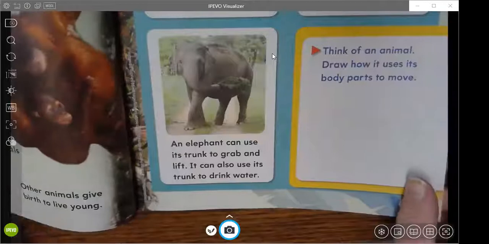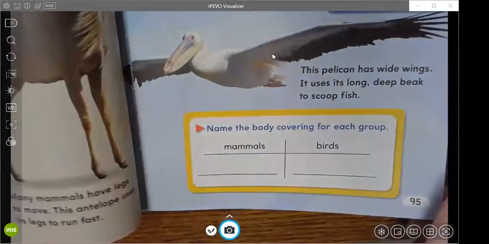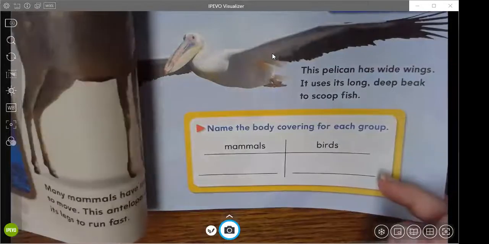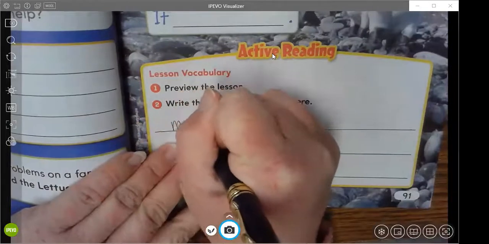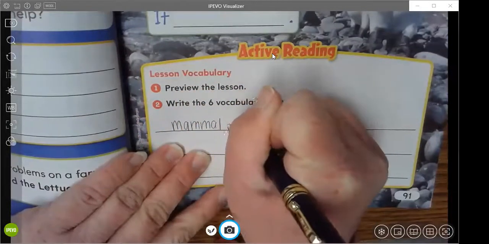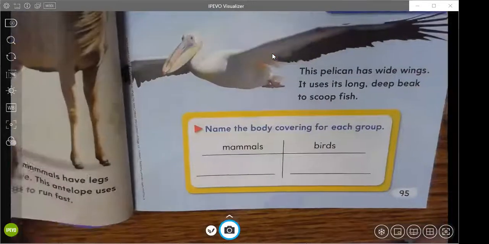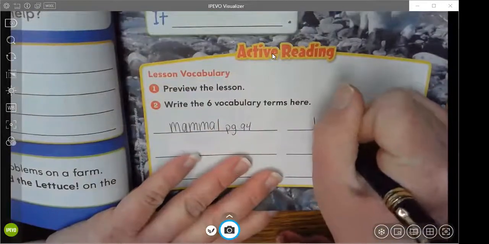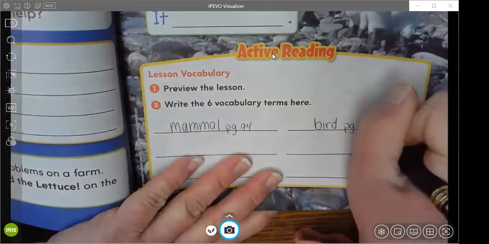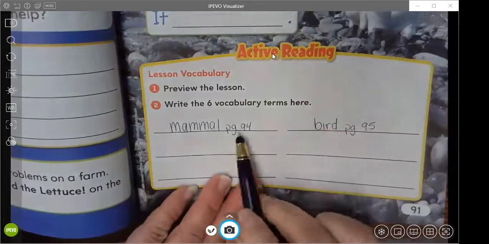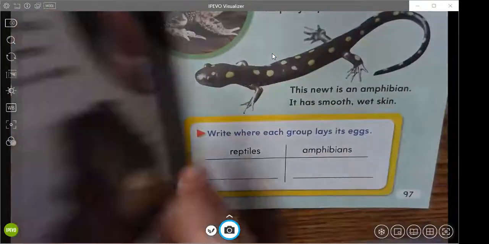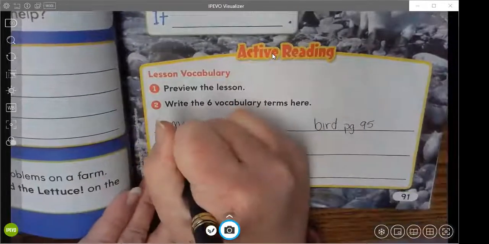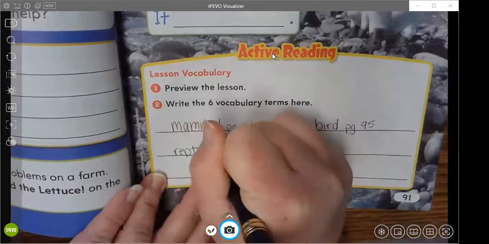The first word is mammal, and it is on page 94. The next word that I came across was bird, on page 95. Again, the order does not matter. You do not have to put page numbers, but I'm putting them to help you out, okay? The next word was reptile, on page 96.